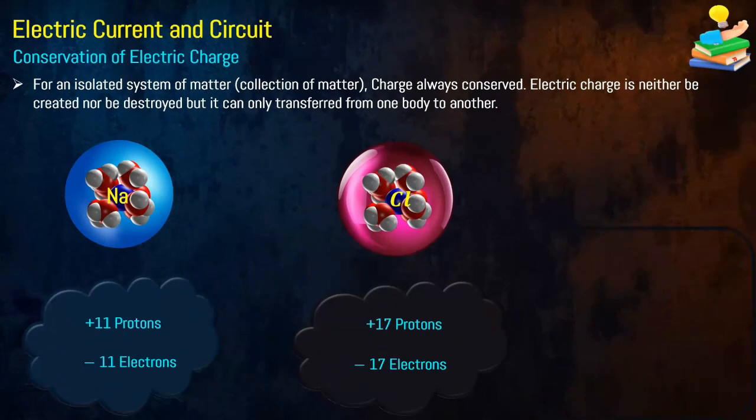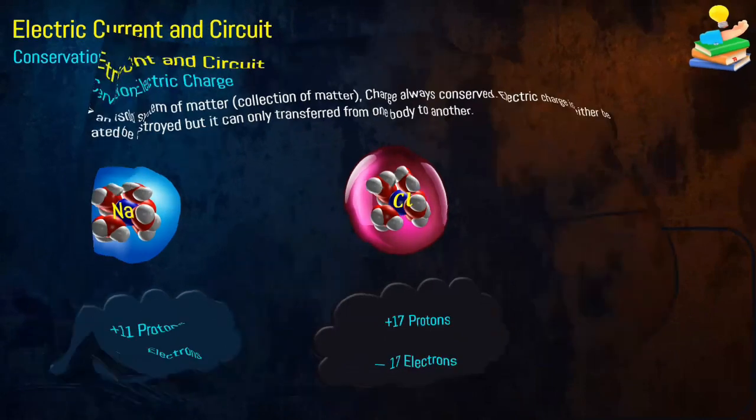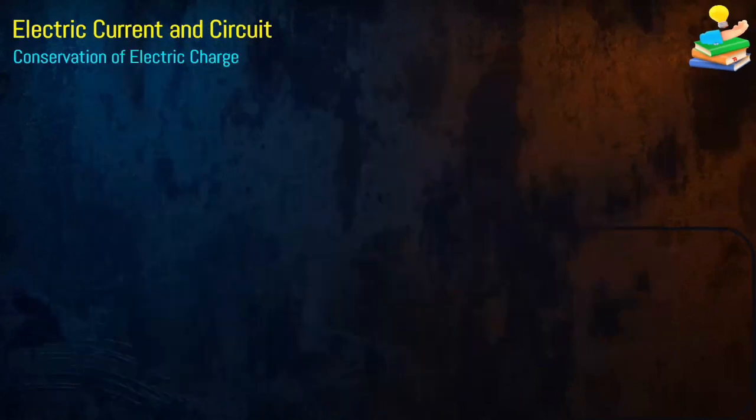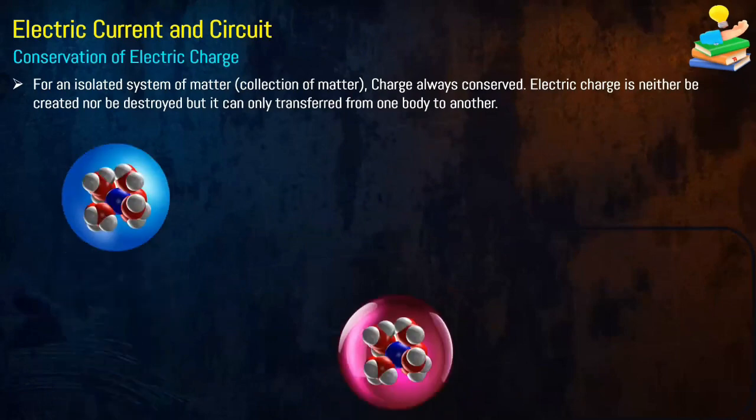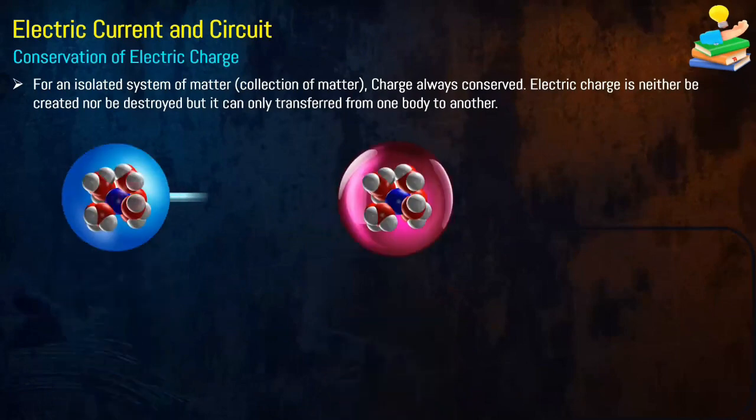Now see the transfer of an electron from sodium to chlorine. Just observe how the electron is transferring and what will happen after the transfer. See this, one electron is transferred from the sodium atom to the chlorine atom.